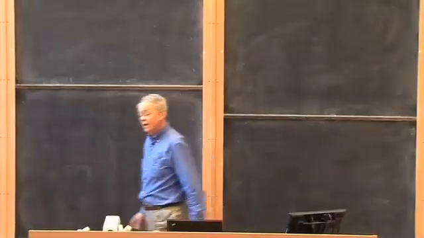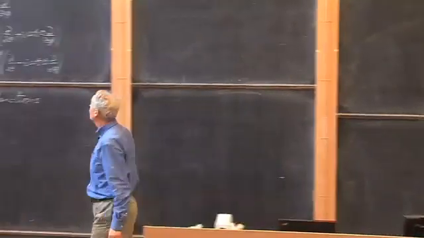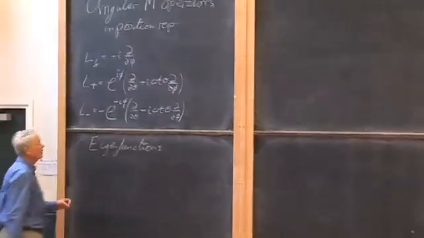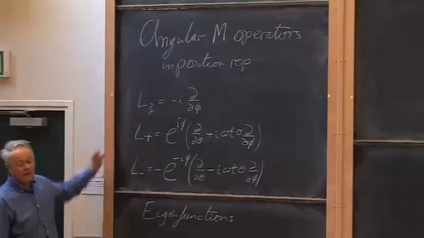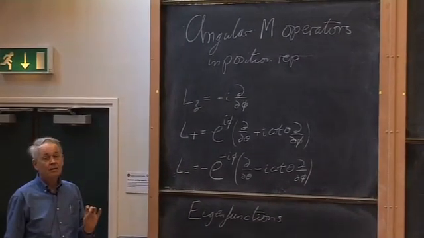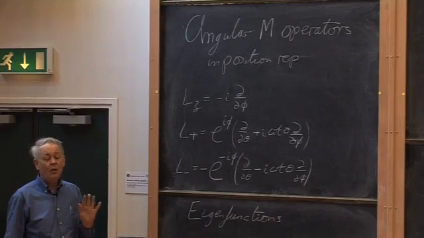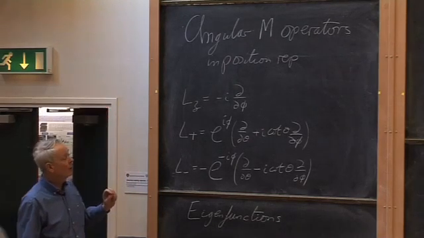Okay, so yesterday we slaved over a hot chain rule in order to recover this formula here. What we're trying to do is find the wave functions that represent the states of well-defined orbital angular momentum.